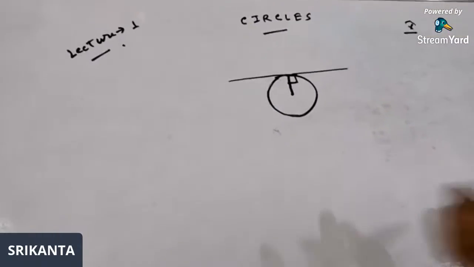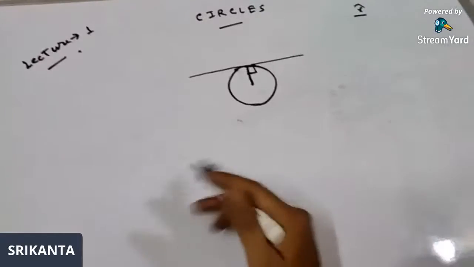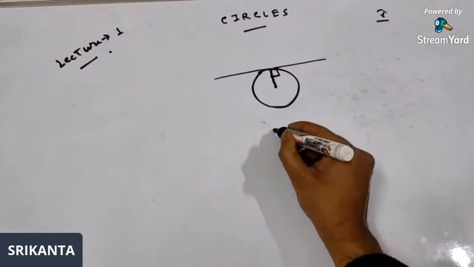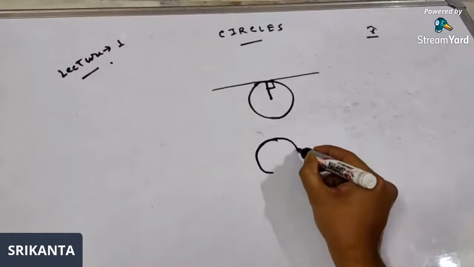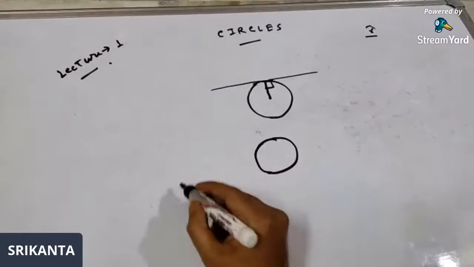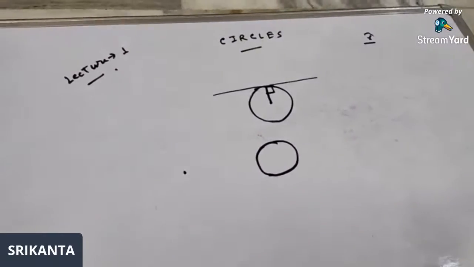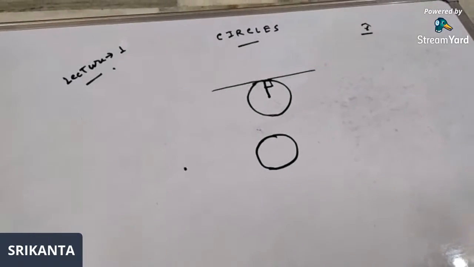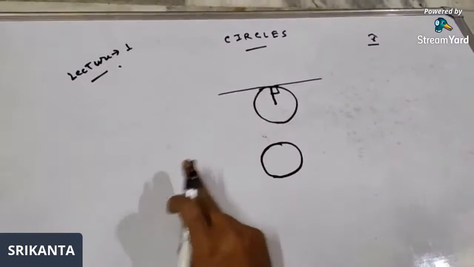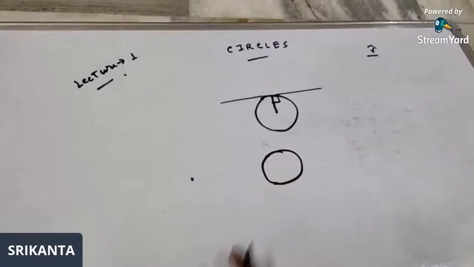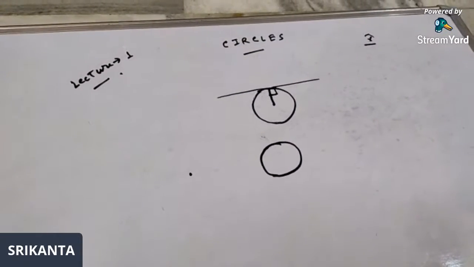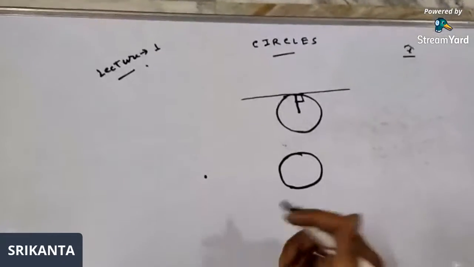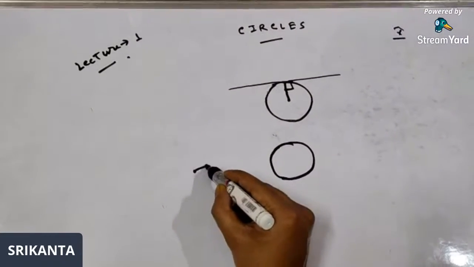Next is theorem 2. Suppose we have drawn a circle and there is an external point. So now the question is, from this external point, how many tangents can you draw to this circle? The answer is 2.